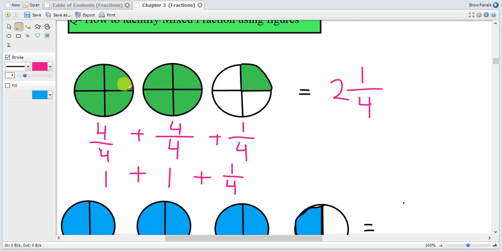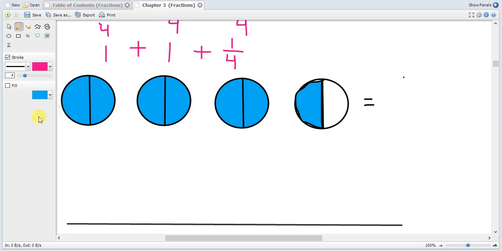So the fraction we get after solving this diagrammatic question is 2 whole, meaning 2 complete circles, and 1/4 of the third circle has been colored. So this gives us the fraction 2 whole 1 over 4, right?